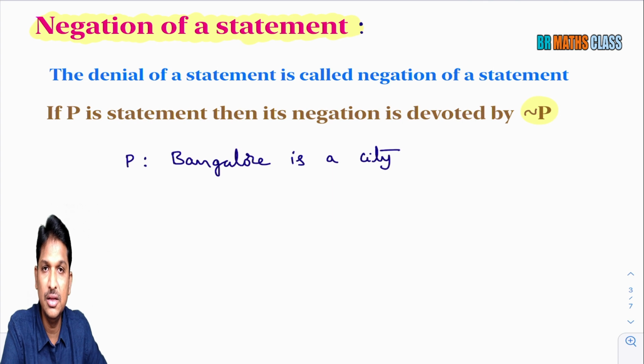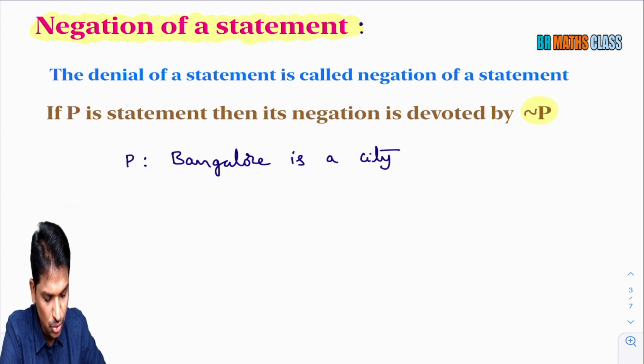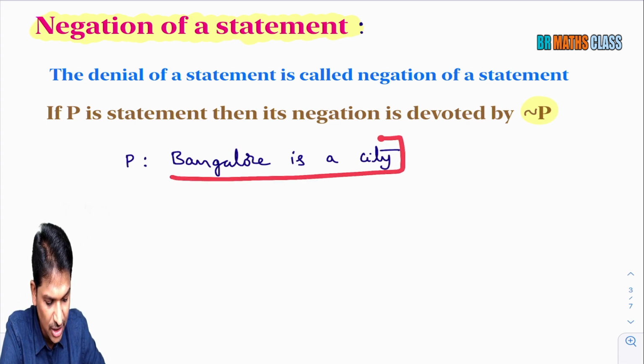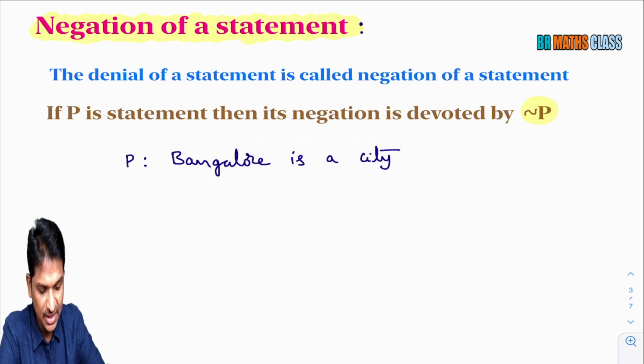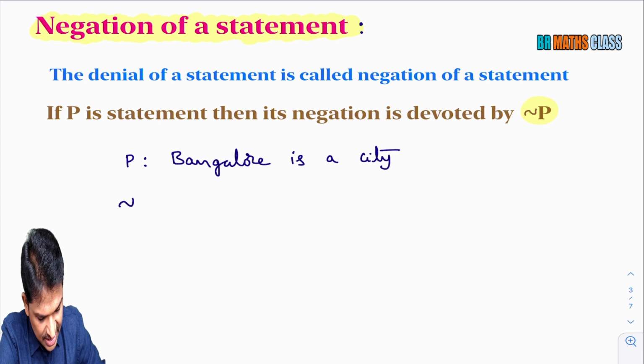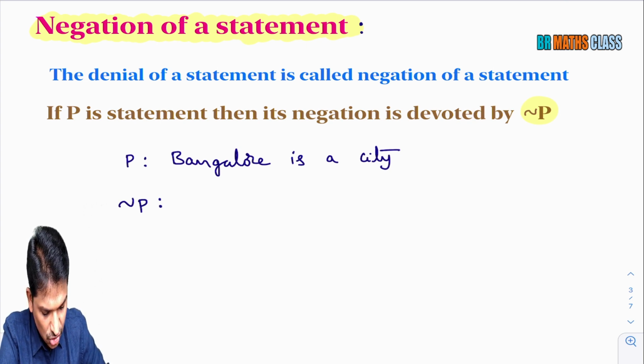Now I'll try to explain what is negation of a statement with an example. Observe, I consider an example here. Bangalore is a city. This statement I named as P. The negation of this statement is denoted by negation of P. What is negation of P?